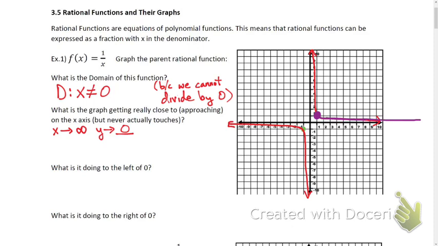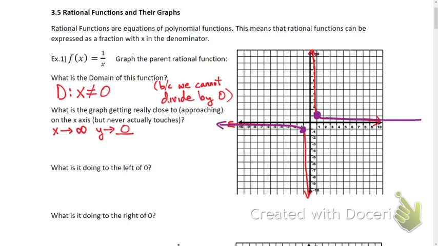As x approaches infinity, it's going to get closer and closer to that x-axis, which is 0. Same idea over here at this green dot. As x gets tiny, it's going smaller, smaller, smaller. It's approaching the x-axis, or y equals 0.